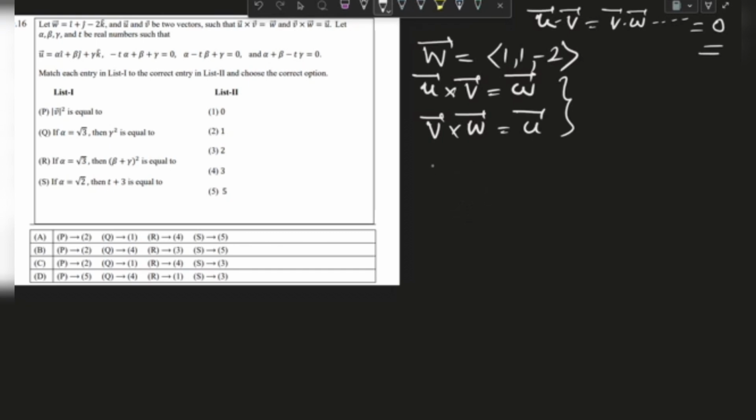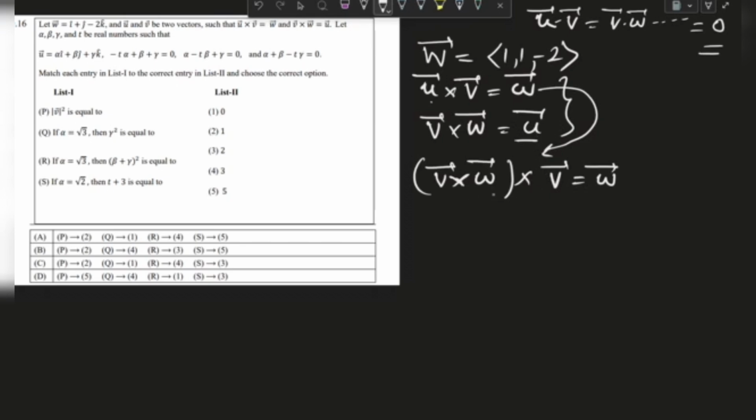Before proceeding with this system of equations, I will take this equation and substitute the value of u vector from here into this particular equation. So what we will have is v cross w, crossed with v again, equals w.